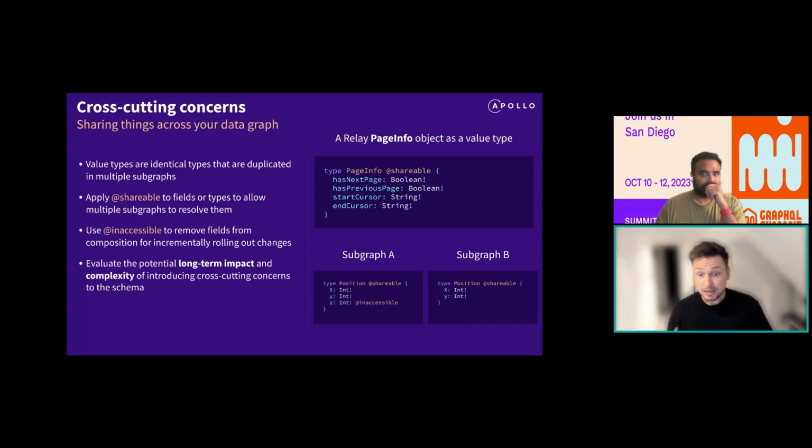So it's a really powerful tool, and the combination of both shareable and inaccessible allows us to manage this over time and make incremental change. But the one caveat is there is some possible complication with this. If you've got multiple subgraphs that are resolving similar data, it's very important that you're careful about it.